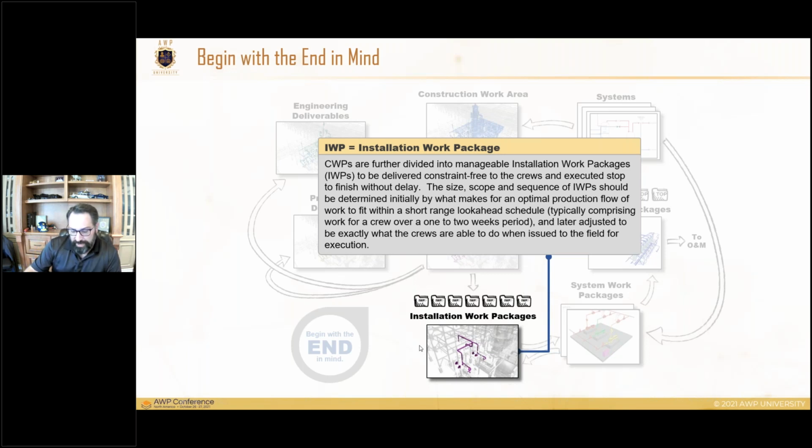So in essence, you're only going to get access at a certain narrow window to install the risers for that. And thus, you're only going to do one at a time. You're not going to be able to knock off multiples at a time. You might get 2 or 3, depending on how big the area is or the foundation that you're tying these drains to. But the truth of the matter is that they will be very small packages. You could have a 40 or 50 hour IWP for isolated work such as that.